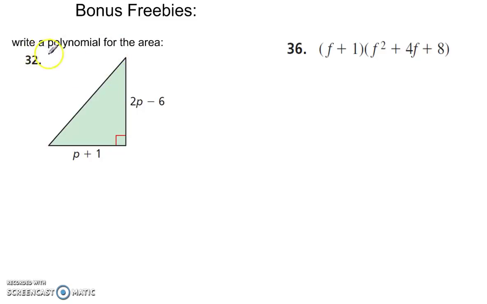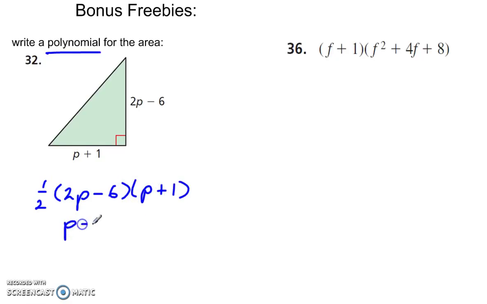Find the area, write a polynomial. Area of a triangle is 1/2 base times height. So I'm going to use base and height. Now since I'm multiplying, I'm going to write this one first, because both 2 and 6 are evens. So when I multiply those by 1/2, I get p minus 3 times p plus 1.